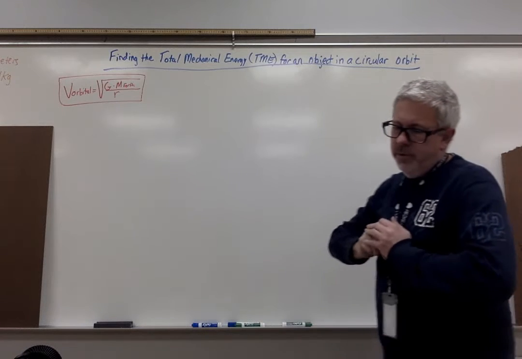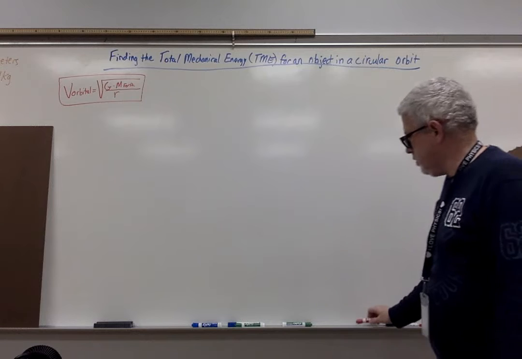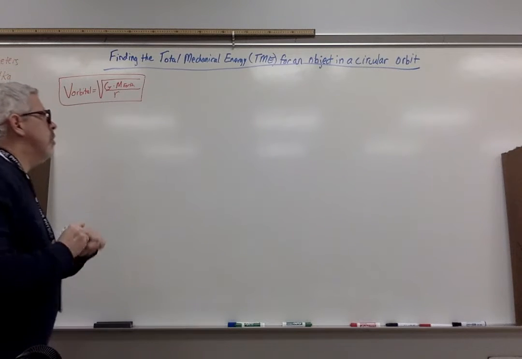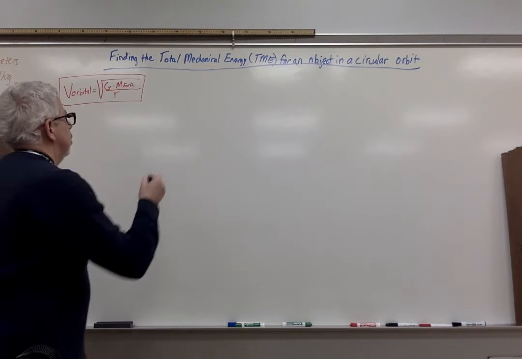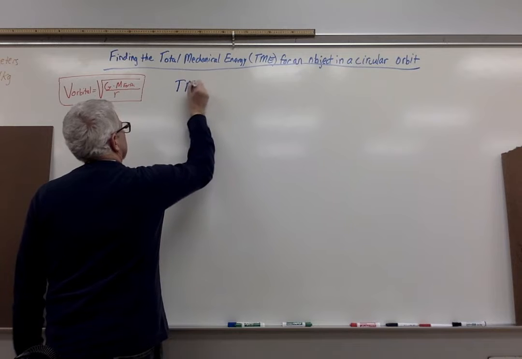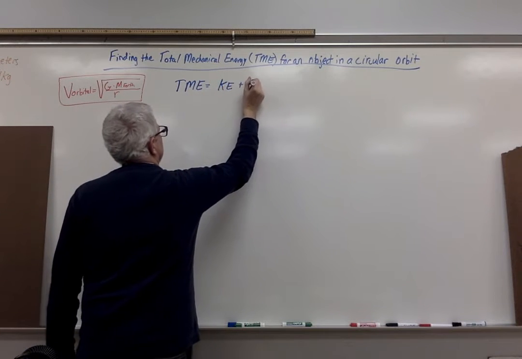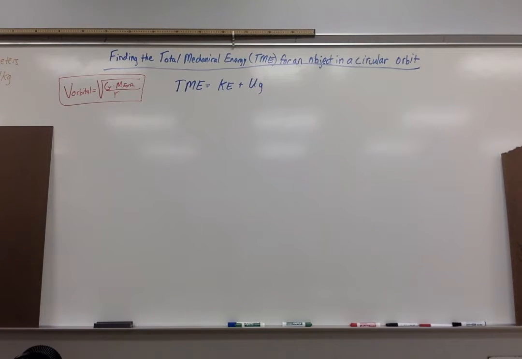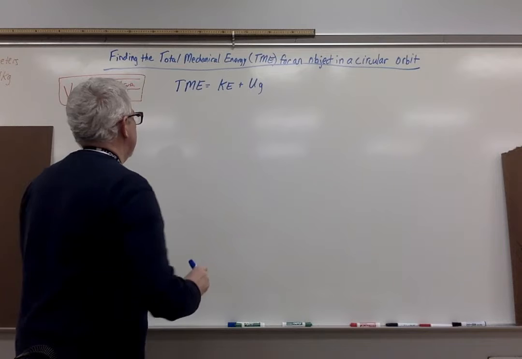Okay? Well, how do we find the total mechanical energy for an object in a circular orbit? We're going to look at both gravitational potential energy and kinetic energy. So, kinetic energy plus U_G. And we're going to look at it for a satellite, which could be a planet or a moon or something like that.